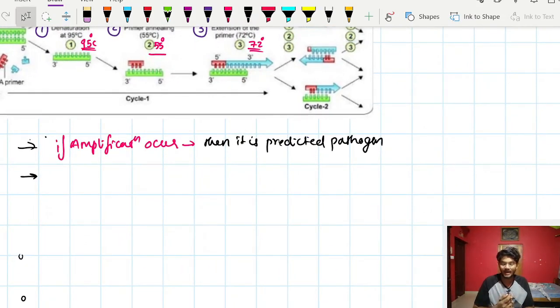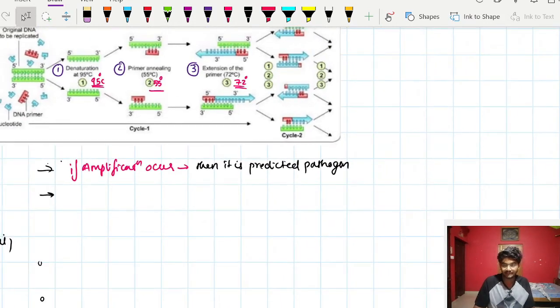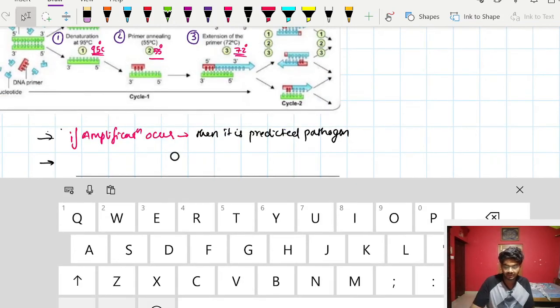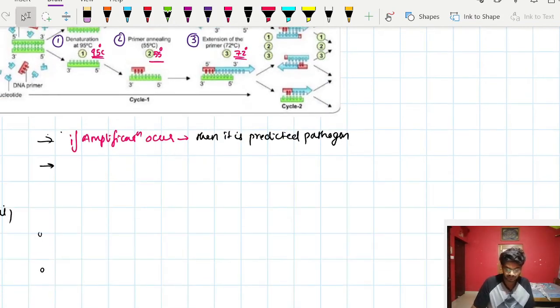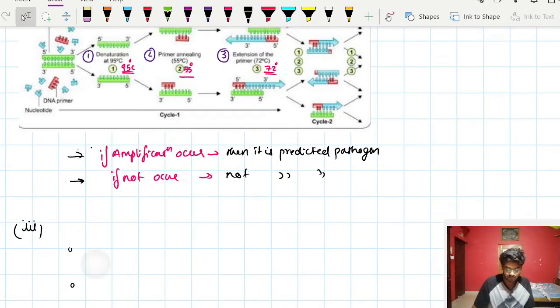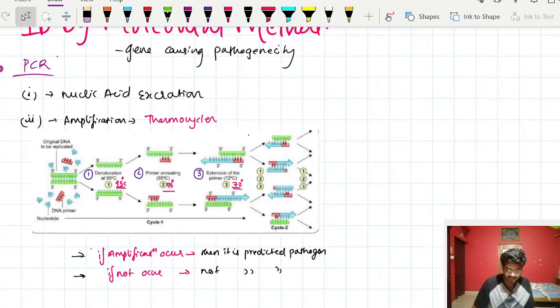Because we are providing a specific primer, the primer that is specific to the pathogenic organism. Only if the pathogenic gene is present will the primer attach to the DNA. So if amplification occurs, then it is our predicted pathogen. If not, then it is not our predicted pathogen. So this is the second procedure.